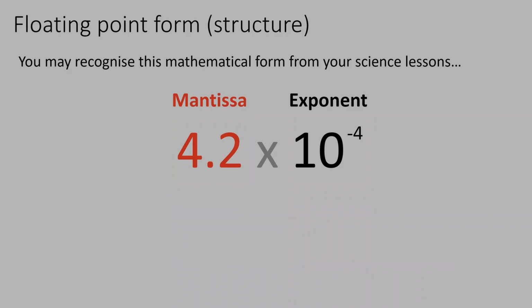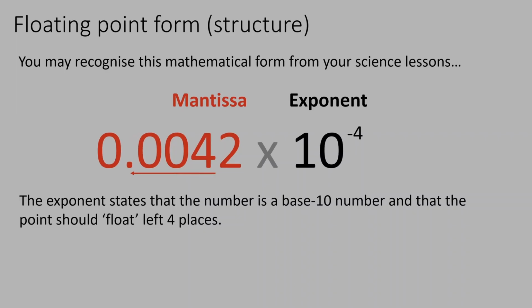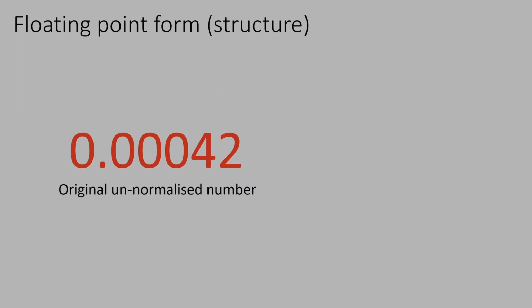So if we actually look at this exponent, we have the base number, which is where the times 10 comes from, and then we have negative 4, which is essentially telling us that we need to move the decimal floating point 4 places to the left. So if we actually do that, there's 1 place, there's 2, 3, 4 places.